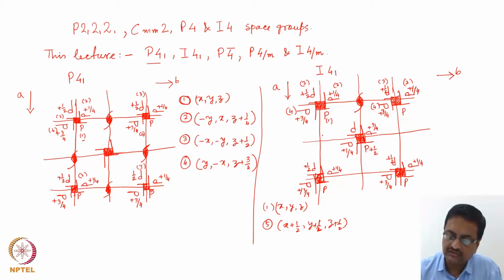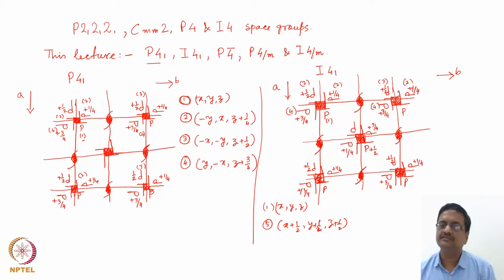So there is a 2-1 screw. So again, just like the previous one, there is a 2-1 screw at the midpoint of the A-axis and B-axis parallel to Z-axis. What else do we have?